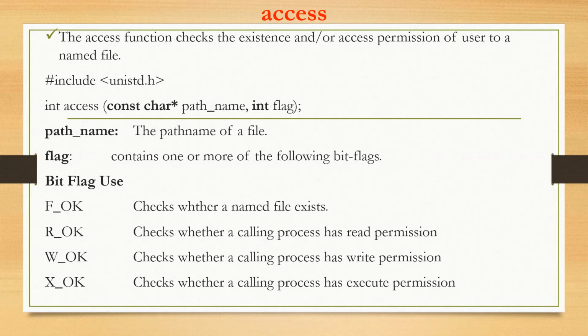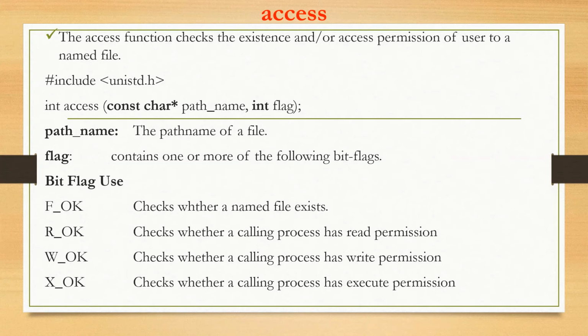W_OK checks whether the calling process has write permission or not. X_OK checks whether the calling process has execution permission or not. The flag argument's value to the access call is composed by bitwise ORing one or more of the above bit flags.